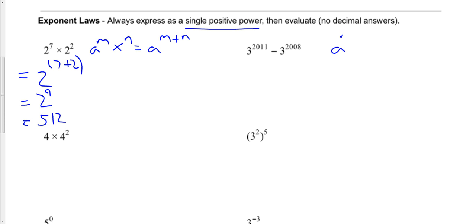We take a to the exponent m divided by a to the exponent n. That's the same as saying a to the exponent m minus n. It's supposed to be an m. It's a terrible m. Let me try and fix that.